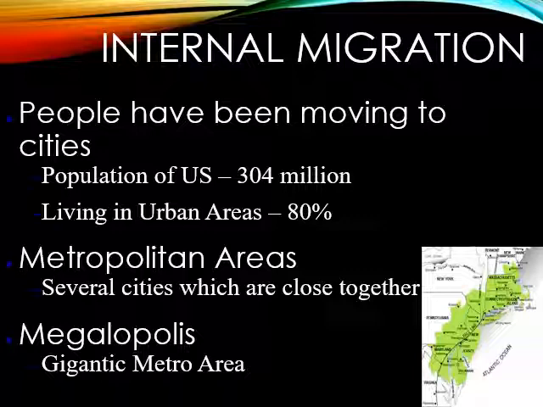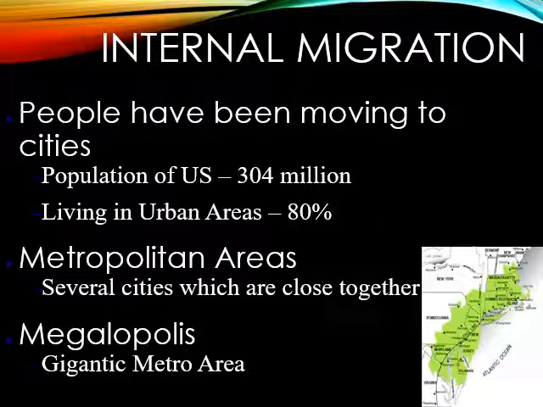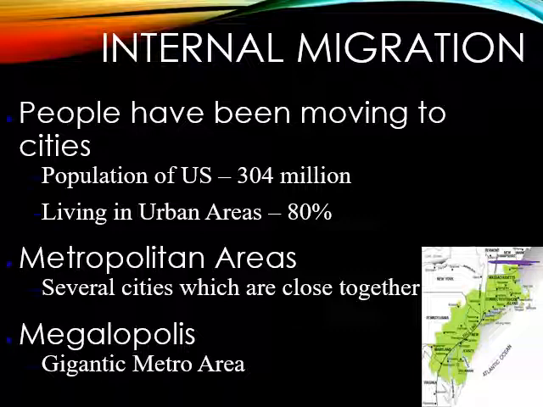And if enough of these cities are close together and take up a big enough space, they can be called a megalopolis. And we have a huge megalopolis out east with New York City kind of in the middle of it, and it runs all the way from small parts of New Hampshire all the way down into Virginia, past Maryland, past Delaware.